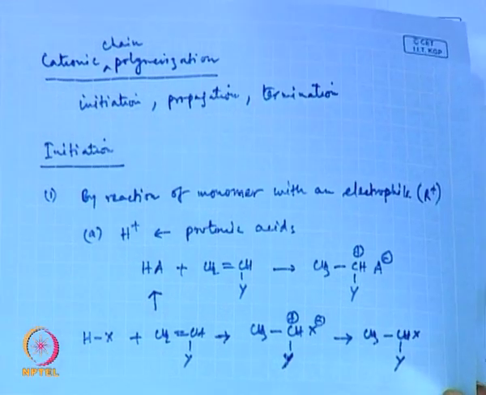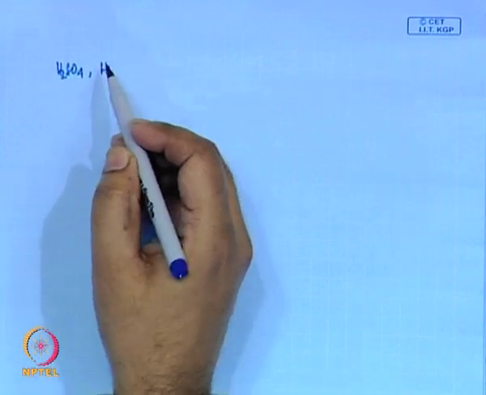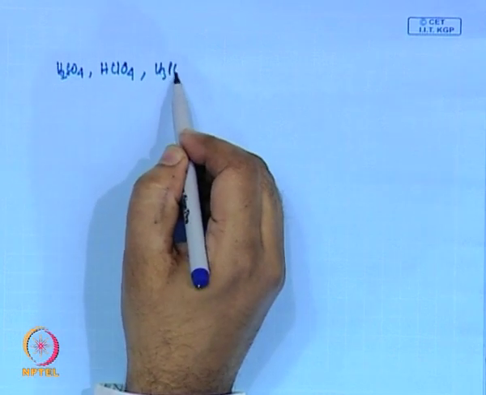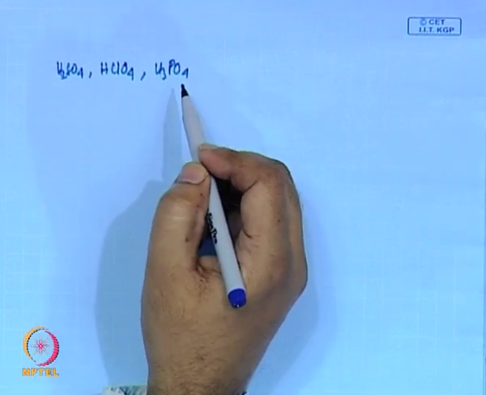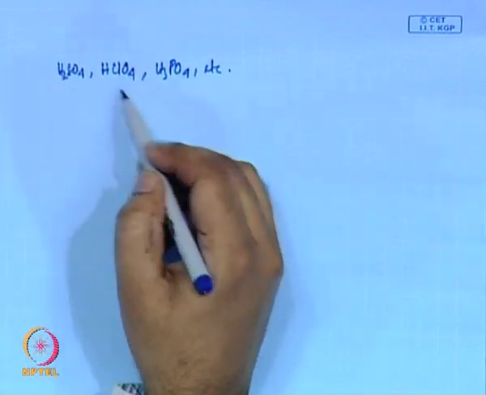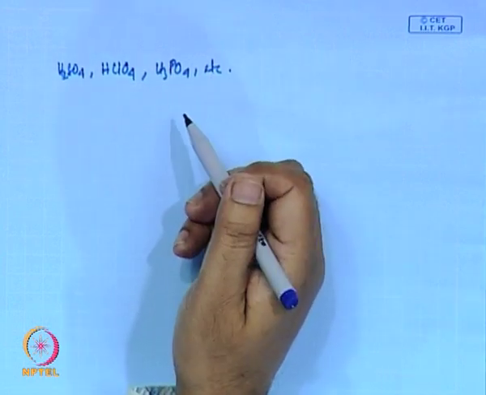Other protonic acids like H2SO4, HClO4 or phosphoric acid can be used, because these counter ions are not as strong nucleophiles as halide ions.